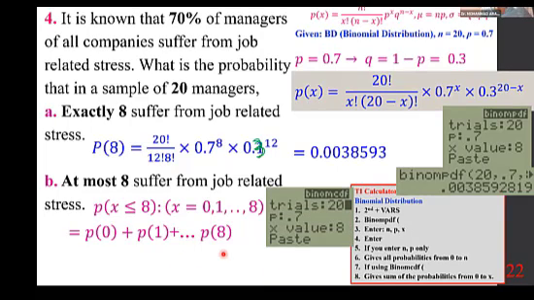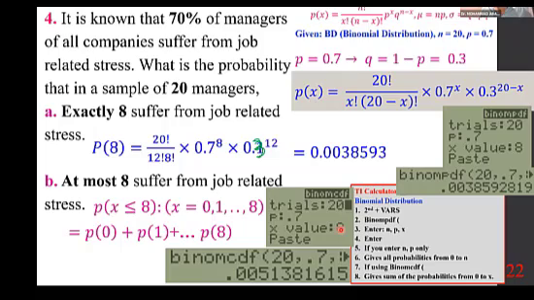And as you will recall, we use binomial CDF in this case. 20, P is 0.7, X value is 8. And here's the number, and you write the answer with however many decimals you want. In this case, 0.005138. Generally speaking, you really want to take a lot of decimals to be on the safe side, unless they specify how many.